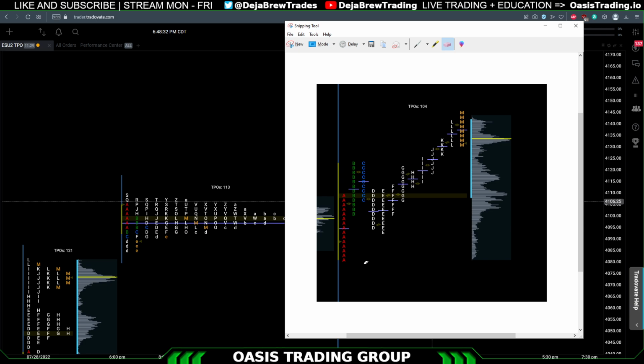And you typically want to do this in the direction of the trend. If the trend is very bullish, you want to take that trade as a bullish trade. If the trend is bearish, you want to take it as a bearish trade.